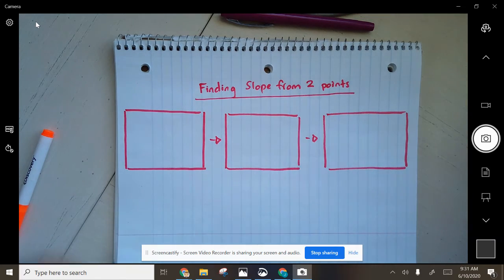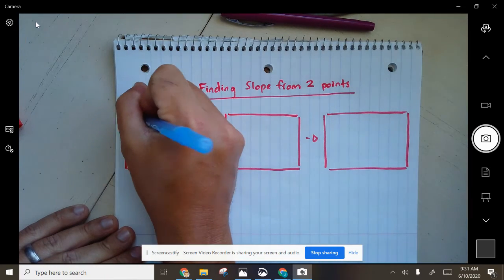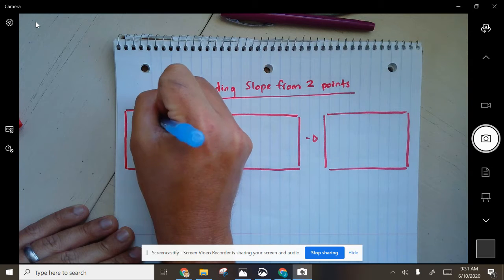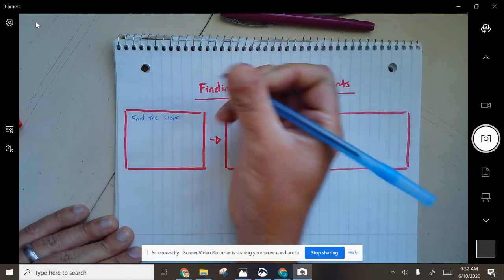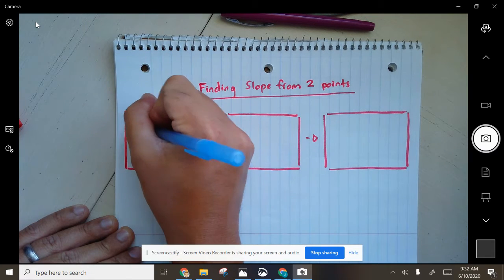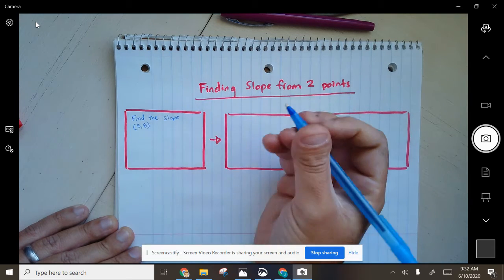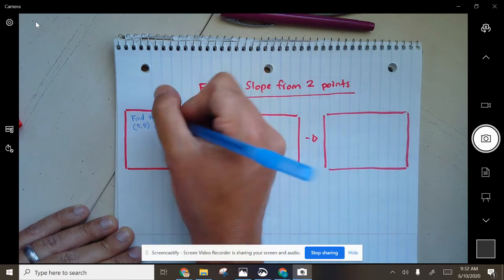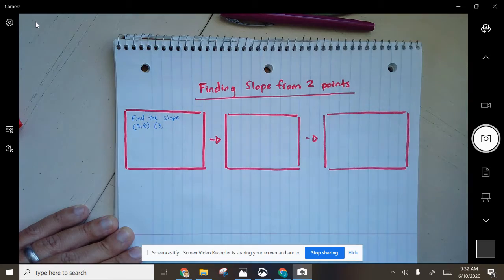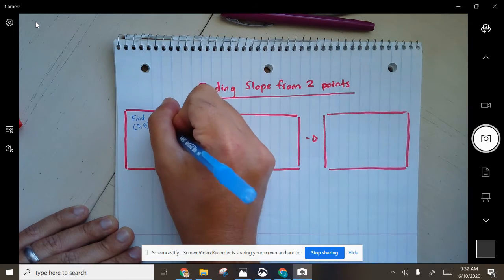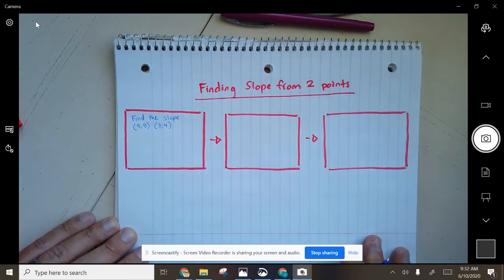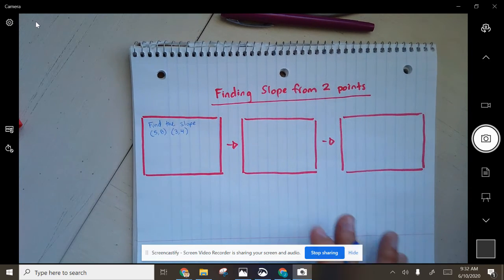So the first question is going to be: find the slope between (5, 8) and (3, 4). Those 2 points. And I'm going to zoom in a little bit now on the first box.